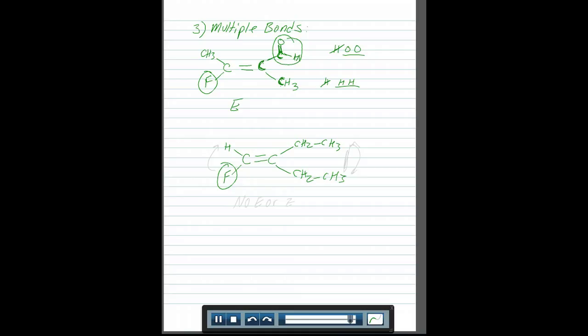So because of that, there is no E or Z. Just because you have a double bond doesn't mean you have an E or Z. You have to have 2 stereoisomers of that molecule, meaning there has to be 2 possible ways of drawing it, and they differ in 3 dimensions. If I were to switch these 2 groups, it'd be the exact same molecule. Nothing would be different. Even if I switch the H and the F, it'd be the exact same molecule. Okay? So these groups here have to be different.